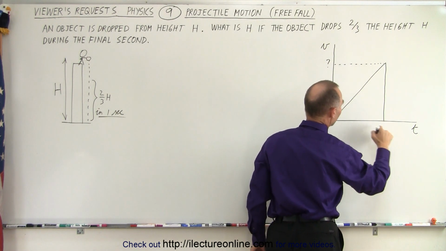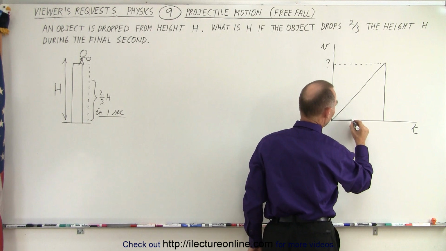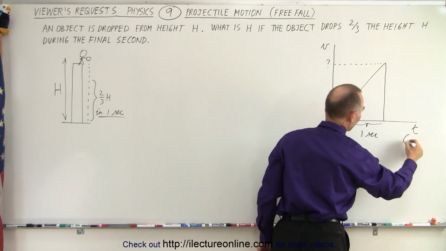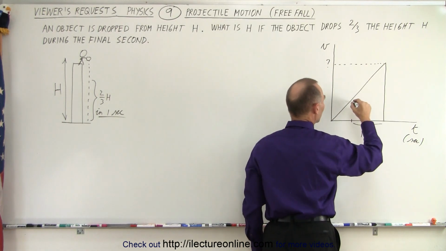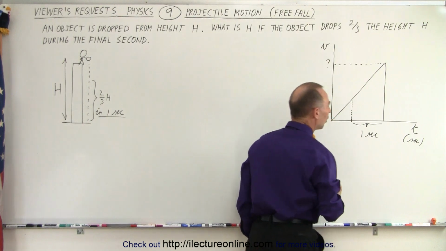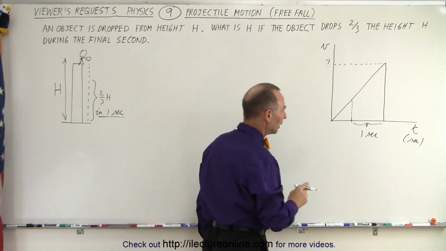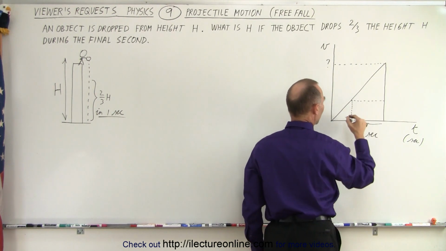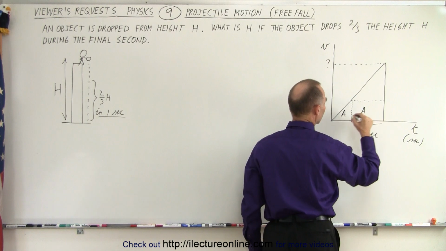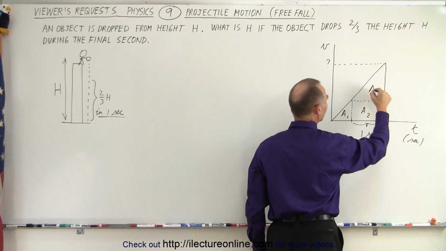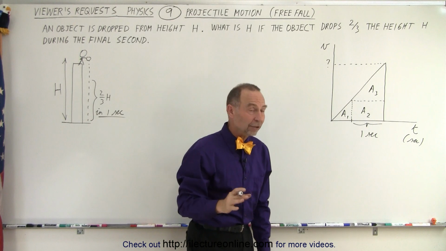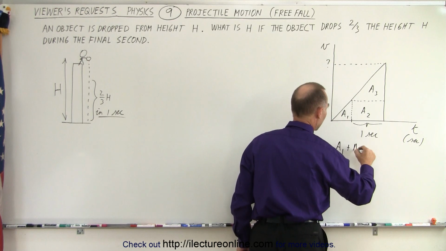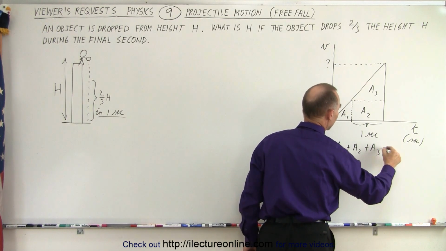We don't know the total time, but we do know that in the final 1 second of its flight path, of course time will be in seconds, we will have traveled 2/3 of the total height. So if I draw a line across this way, I now have 3 areas on my graph, A1, A2, and A3, and I know that the sum of those 3 areas must be the total distance traveled, so A1 plus A2 plus A3 is equal to h.